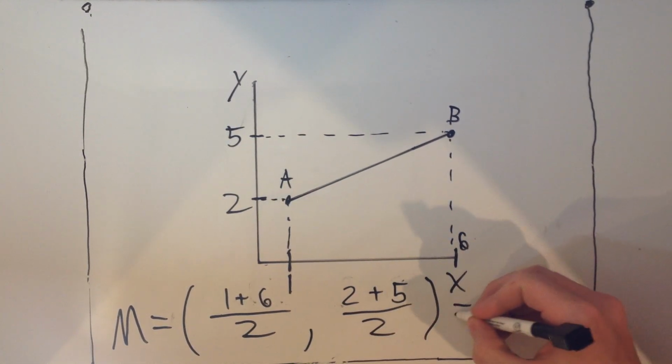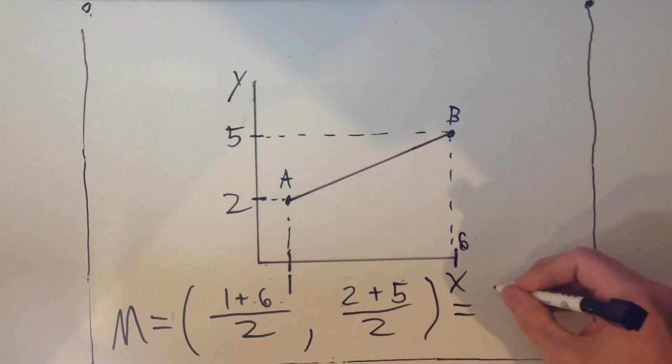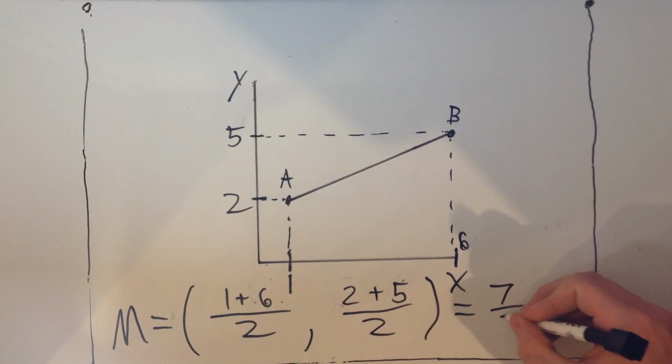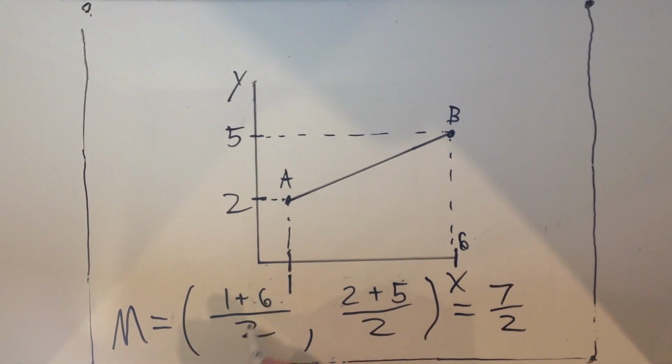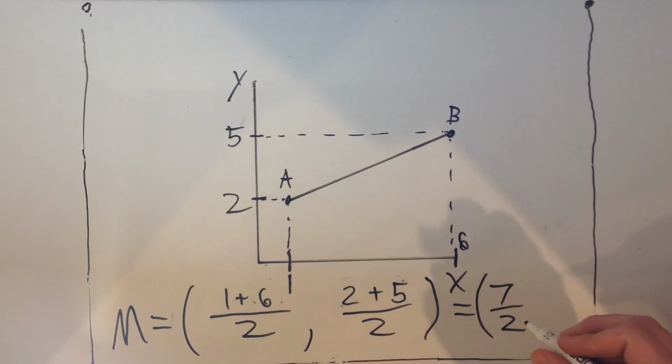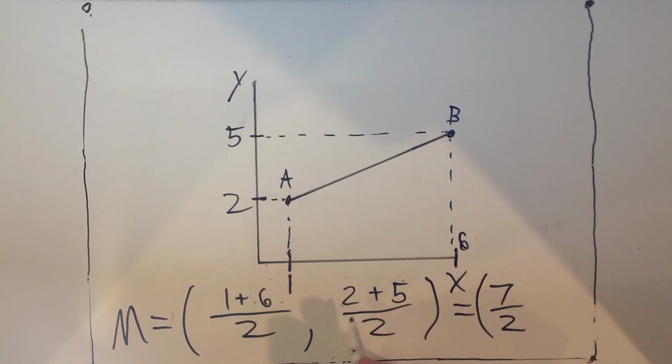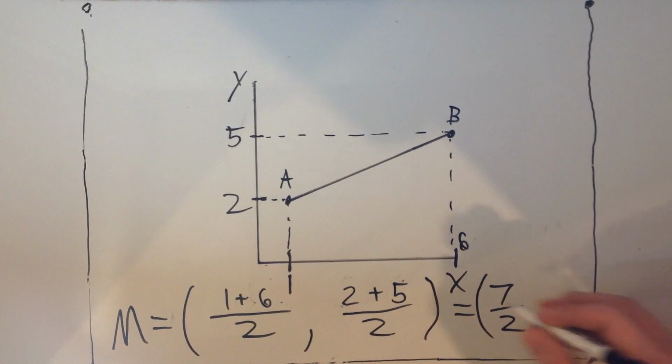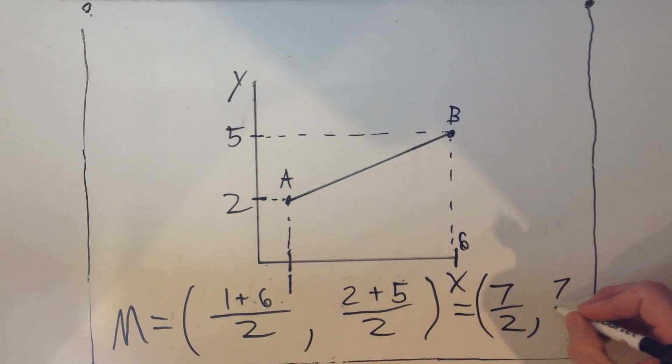Now let's work this out. We got our 7 over 2. 1 plus 6 is 7. That's our x. Now we have our y point. We have 2 plus 5 divided by 2, which just so happens to also equal 7 over 2.